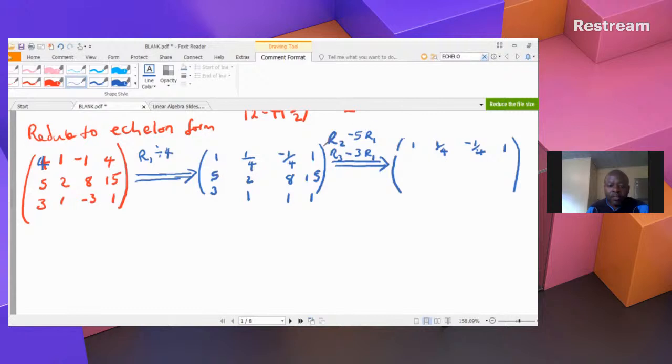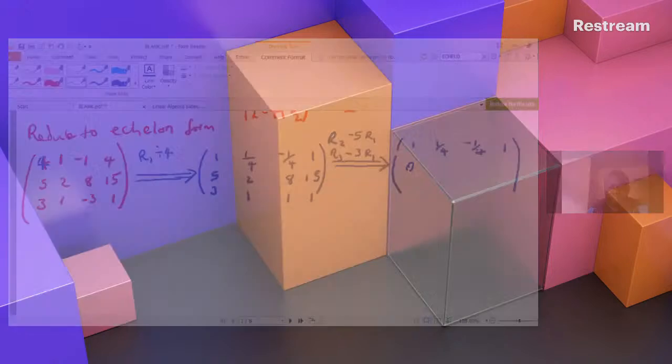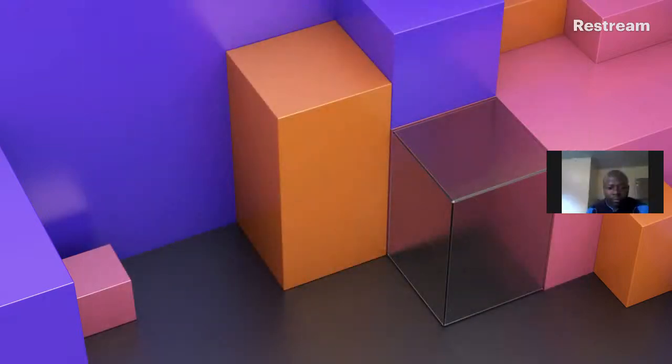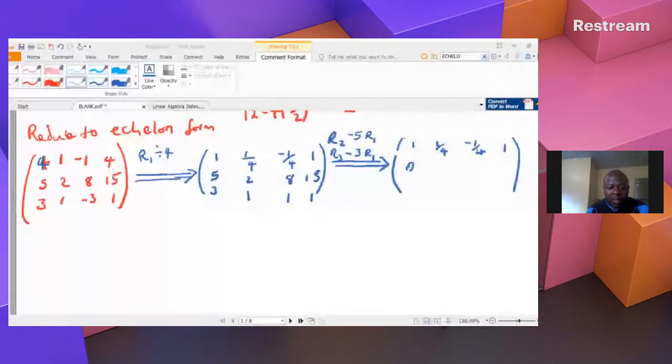Row 2 minus 5 row 1. So 5 minus 5 multiplied by this gives me 0. We've already done 5 minus 5 multiplied by the element in row 1.